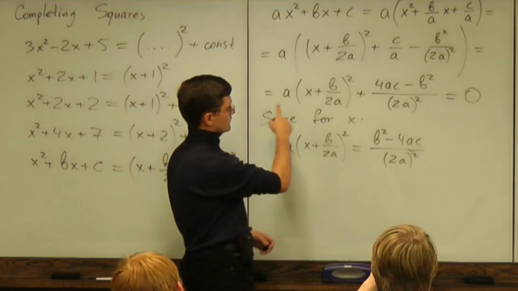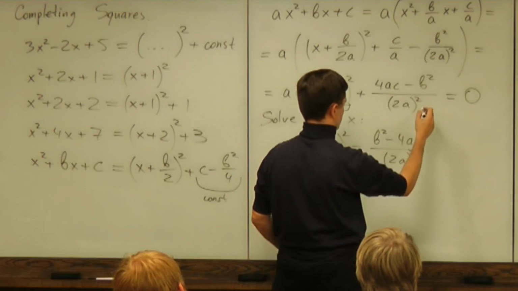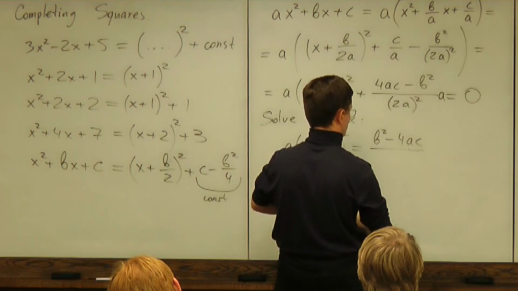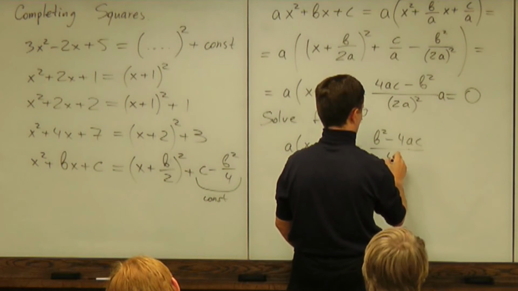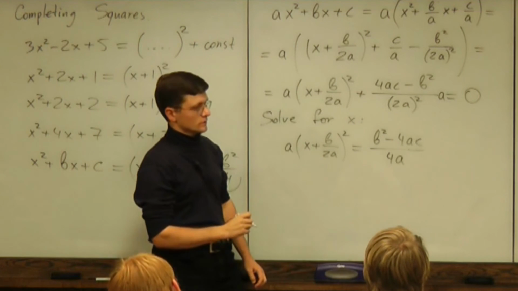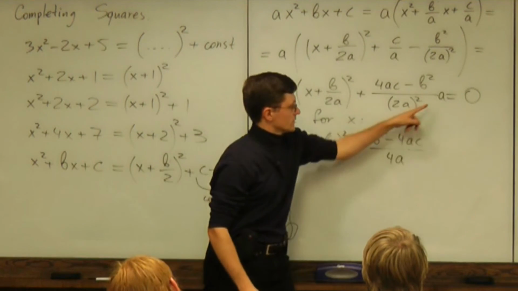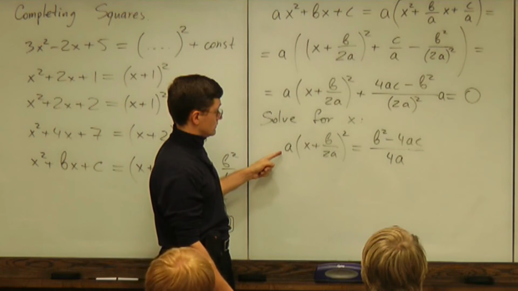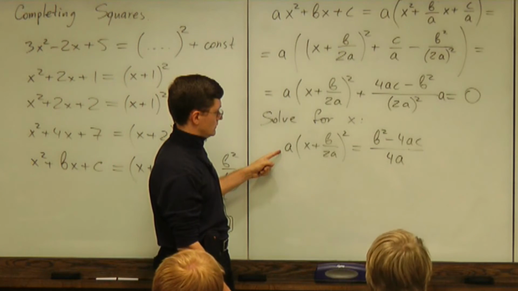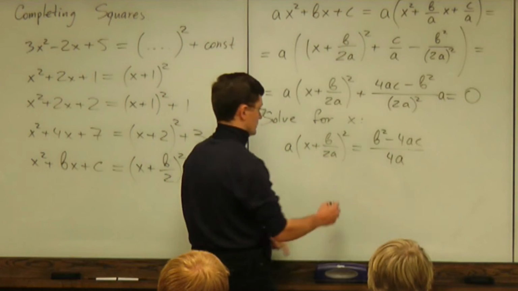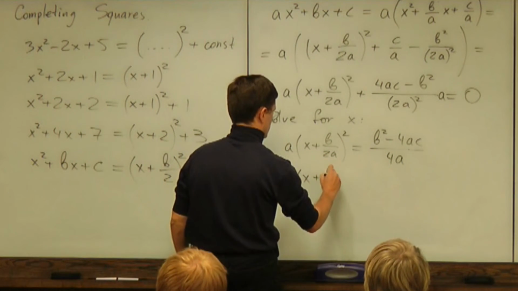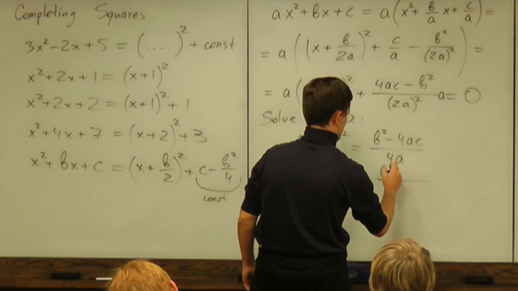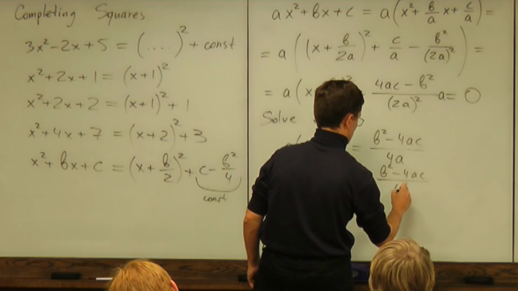I forgot to distribute a. So I have to multiply that by a, and that makes my denominator 4a instead of 4a squared. One a cancels. Okay, now I have to divide by a. Right? So x plus b over 2a squared is equal to b squared minus 4ac over 4a squared.